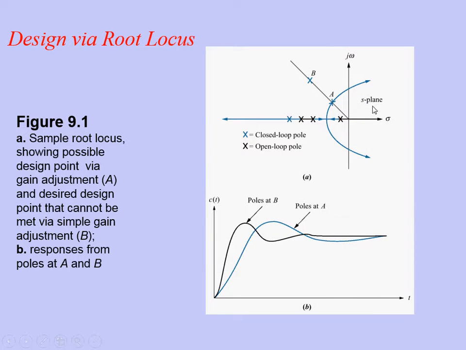So for every value of K, you get a position on the blue line. If you change the value of K, you should be able to obtain a position on the root locus like here, and as you keep increasing, you'll get the pairs like that.